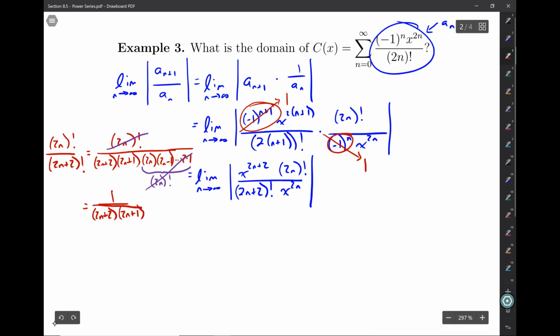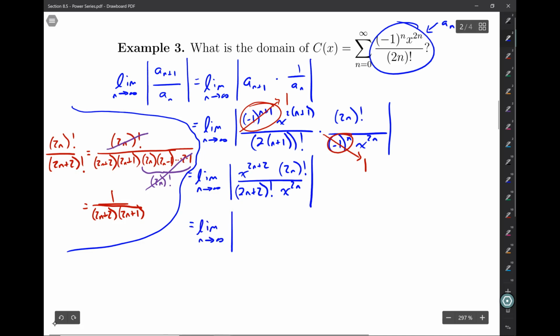So, when we look at our limit over here, we get that this should be the same as a limit as n approaches infinity. Our 2n factorial and our 2n plus 1 plus 2 factorial end up with just a 2n plus 2 times a 2n plus 1.